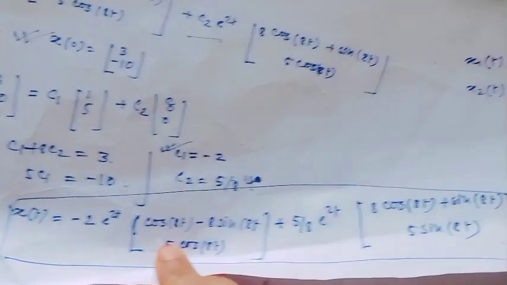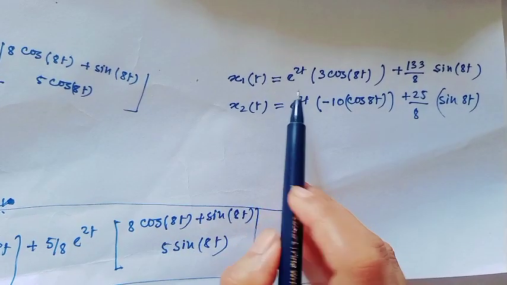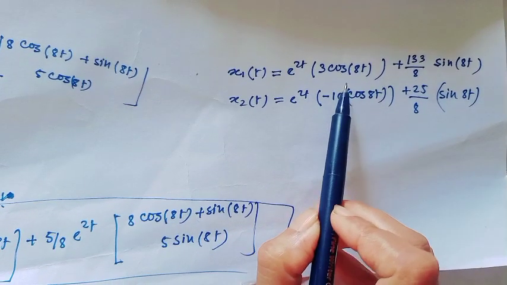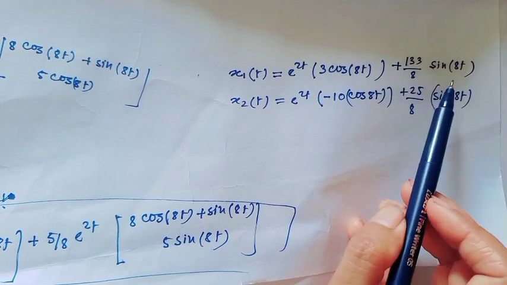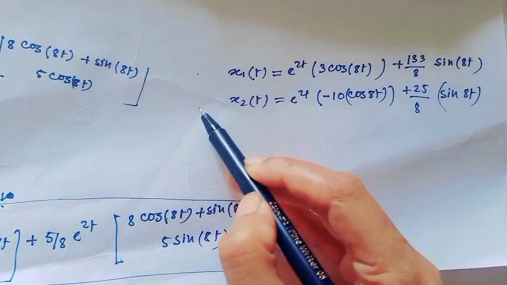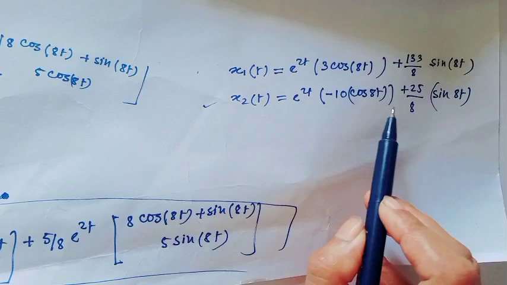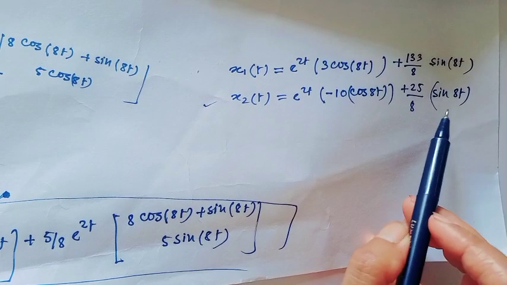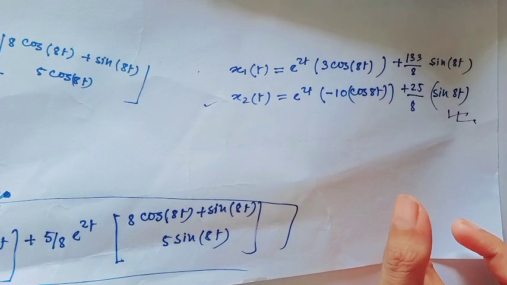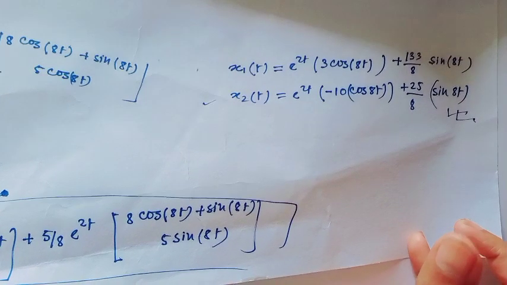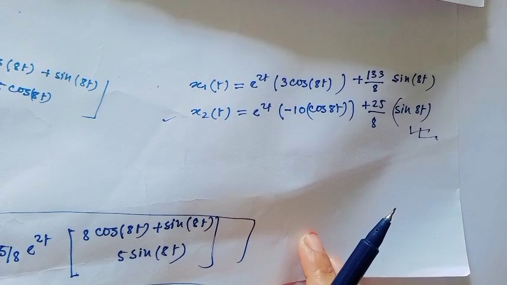And after calculating, I get these two solutions: x1(t) equals e to the power 2t (3 cos 8t plus 133 over 8 sin 8t), and x2(t) equals e to the power 2t (minus 10 cos 8t plus 25 over 8 sin 8t). Since the initial condition is given, I have got one fixed solution.